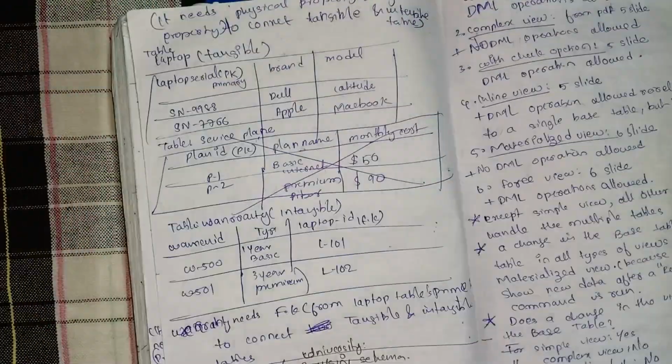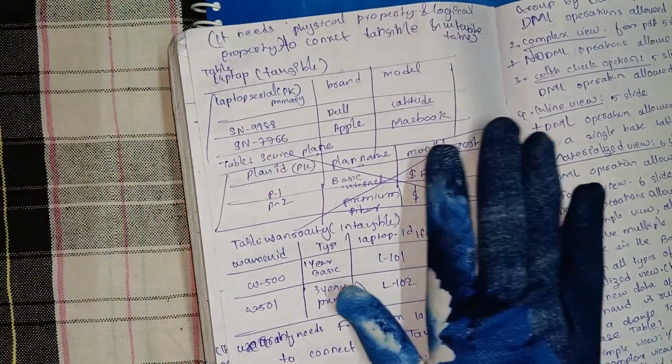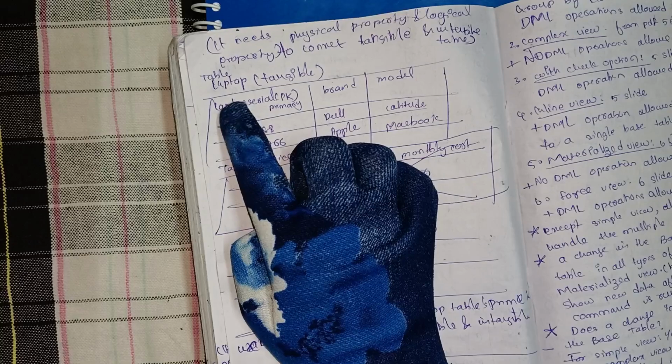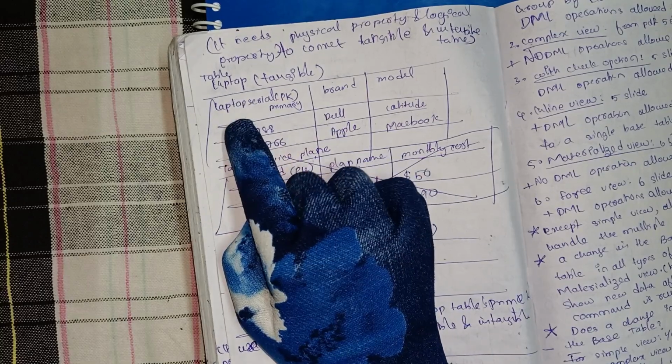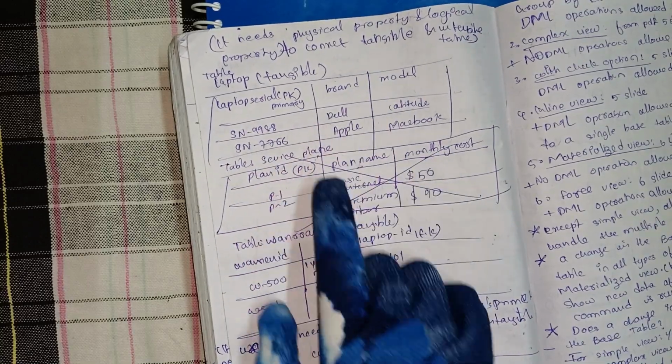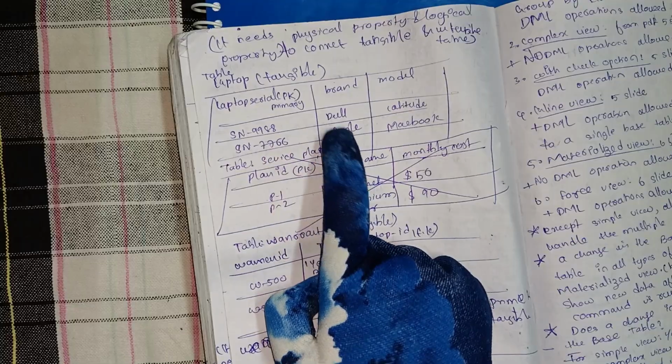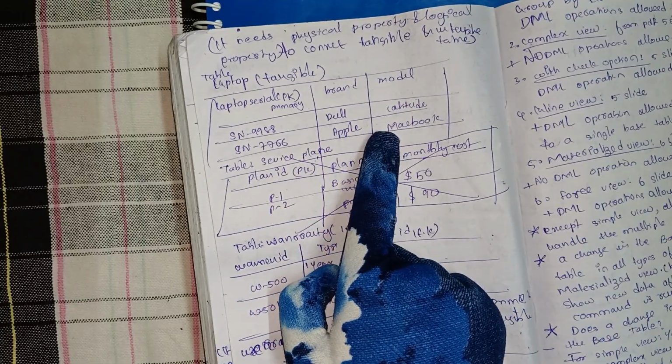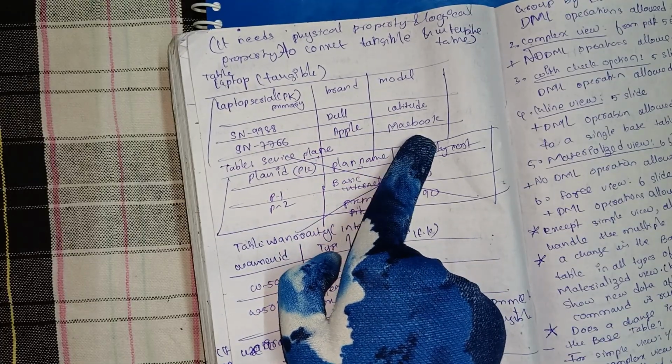So here a tangible table is there. Name is laptop, serial number, brand and model are there. Some numbers are there, and Dell, Apple, and Latitude and MacBook.